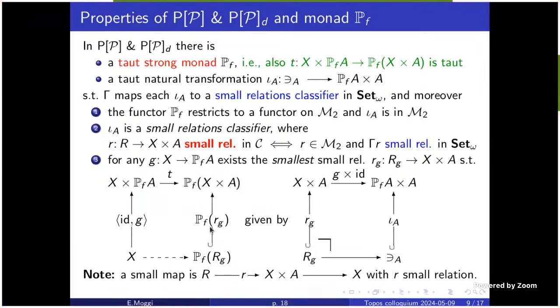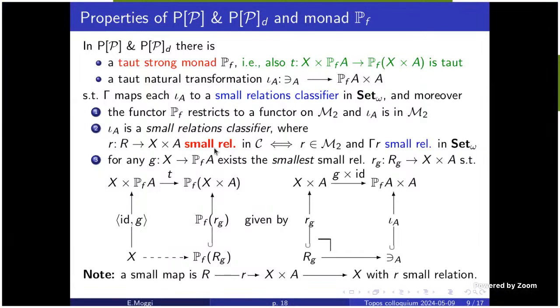Okay? And actually this smallest small relation that has this property is obtained simply by pulling back this small relation classifier along this map obtained from G. Now, I didn't say what small maps are.